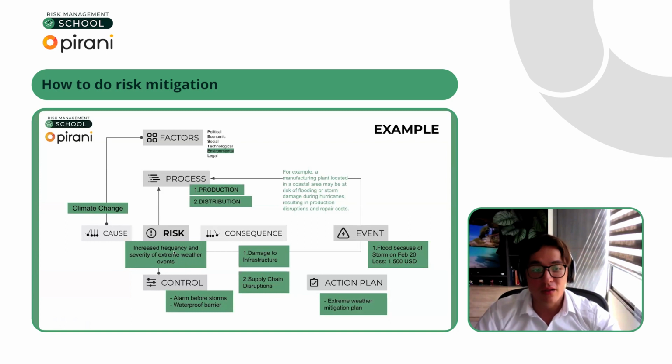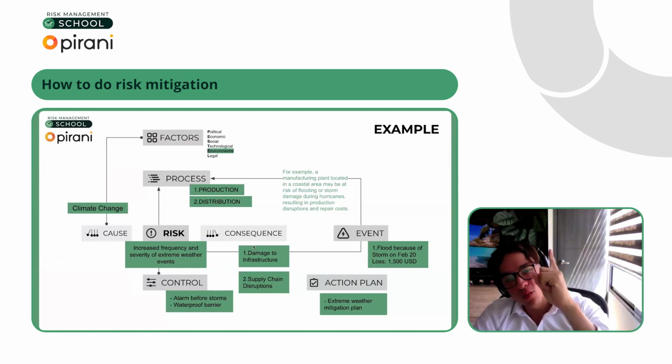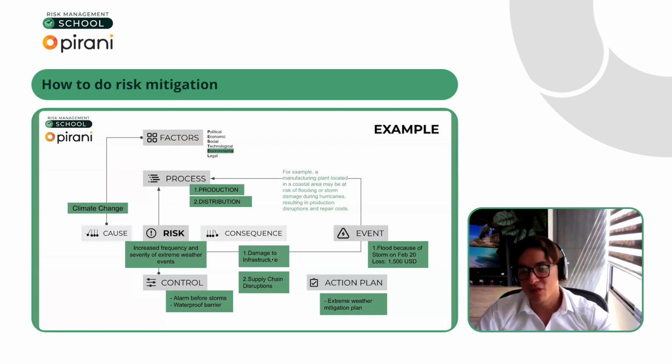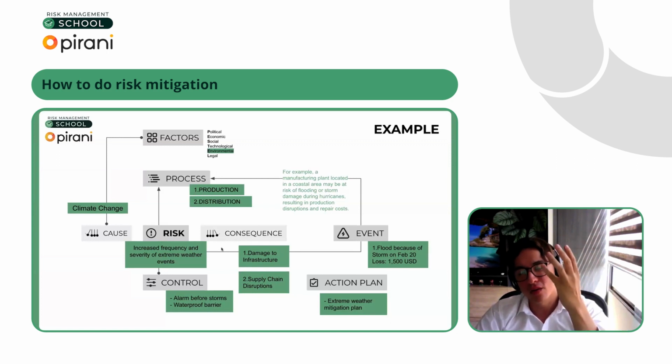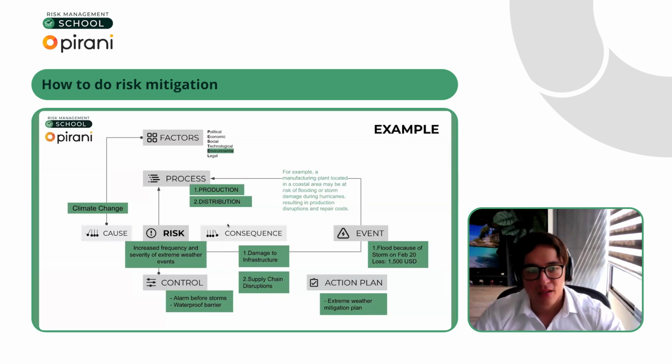And then, okay, what happens with this risk? It will have consequences. So maybe this specific risk will have consequence 1, damage to infrastructure. Consequence 2 will be supply chain disruption. And again, we have the layered onion. The best way, and this is more risk assessment or risk identification, is to ask what can really happen to your company if that risk occurs.